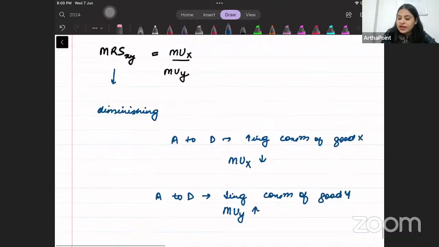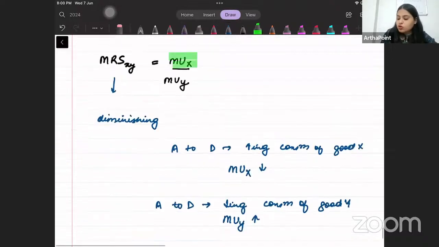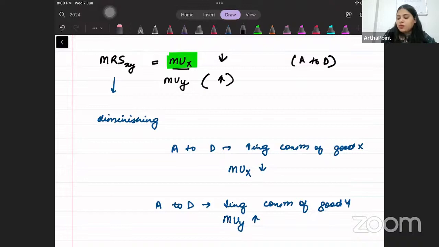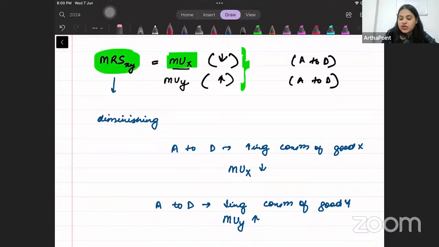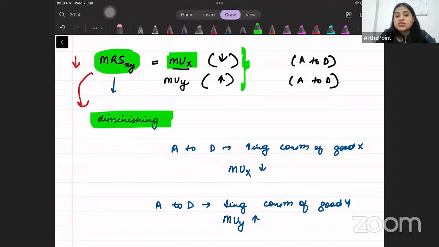So the numerator should decrease as I move from A to D. The denominator should increase as I move from A to D. And because numerator is decreasing, denominator is increasing, this entire thing should decrease. So that is also another proof to show that this is diminishing. If I get your question, this is another way to show that it is diminishing.